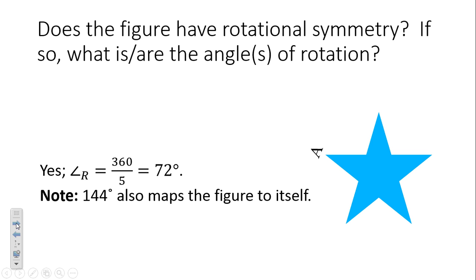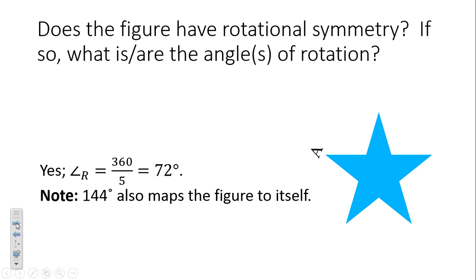Its angle of rotation is 360 divided by 5, 72 degrees. We know a whole circle is 360, so if it's 5 equal parts to it, that makes sense. A square would be 360 divided by 4. Okay?